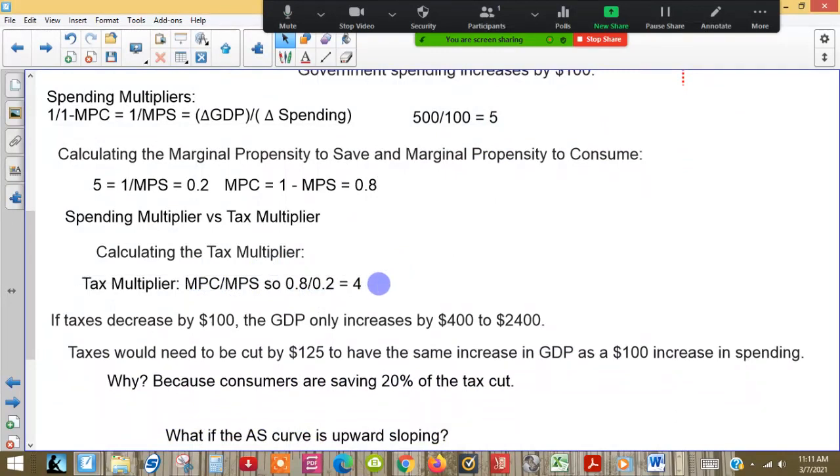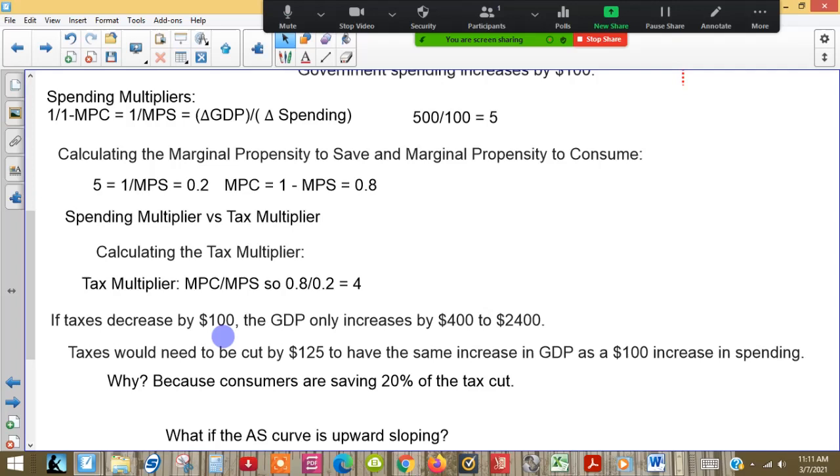Now, the way we want to think about that is if taxes decrease by the same amount as spending, we're comparing what effect the same amount of a tax decrease would have on the economy versus that same amount of a spending increase.